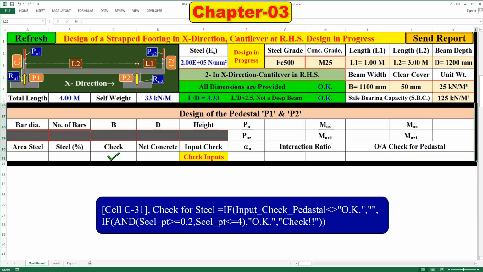Since here, a pedestal acts primarily as a heavily loaded compression member under biaxial moments due to the eccentricity of load on it, we have configured our custom check to target a minimum percentage of 0.2% and a maximum limit of 4%. Of course, depending on your specific design requirements, you can adjust these thresholds to suit your project needs.